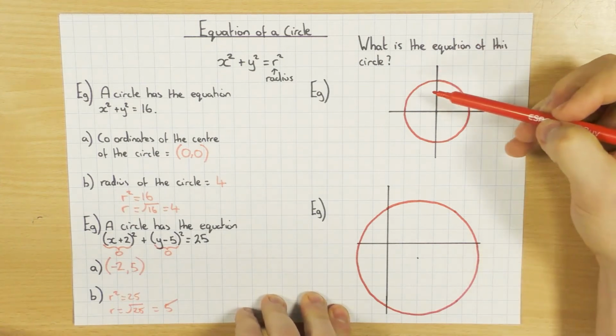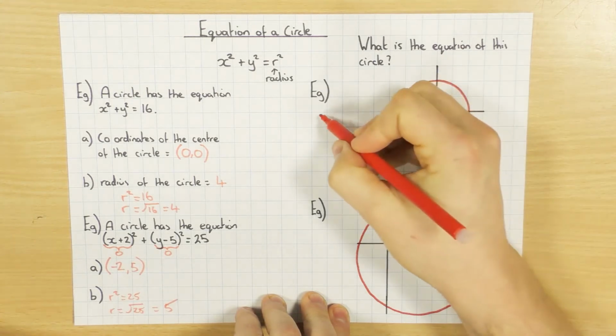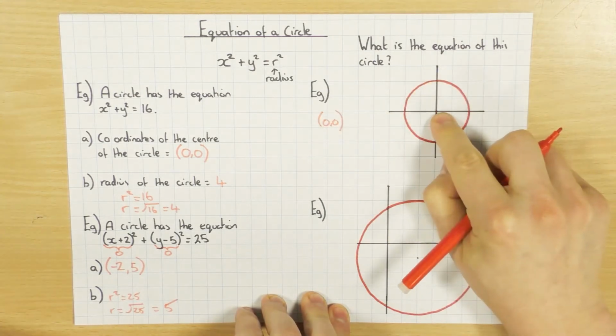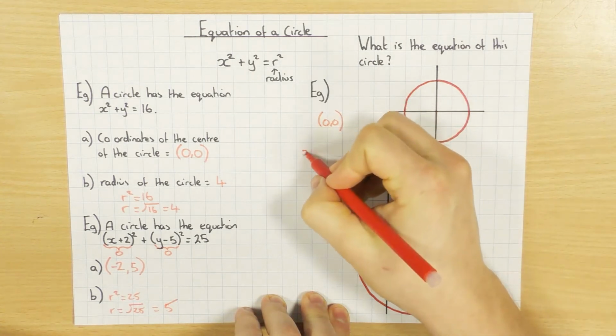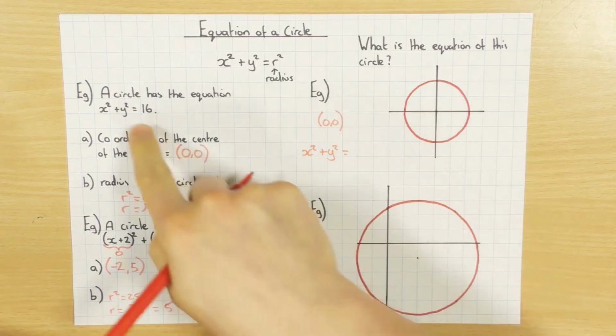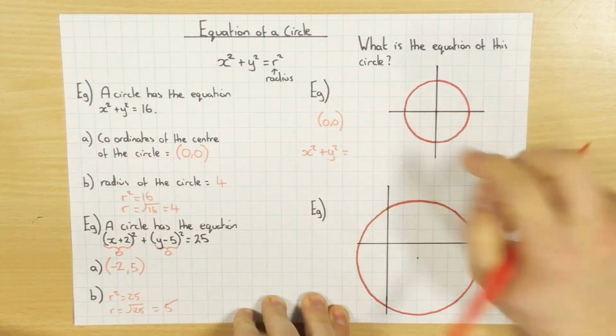Well, the first thing I'm going to do is work out the centre. Well, this one's easy. The centre is at (0, 0), in which case I know that I'm going to have x squared plus y squared. Straight away, just like over here, x squared plus y squared, the centre is at (0, 0), always the case.